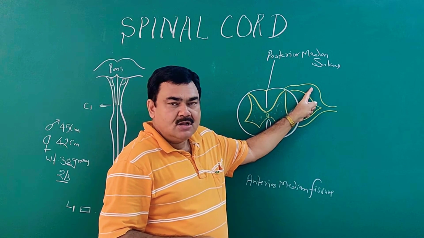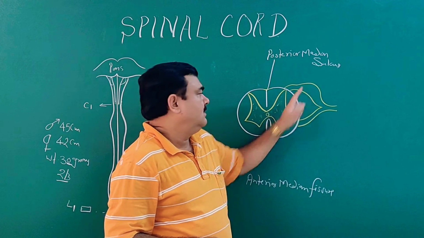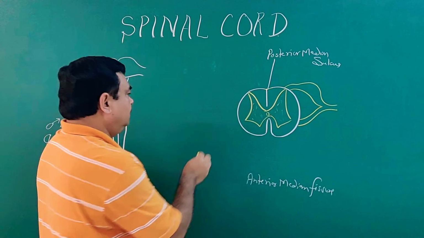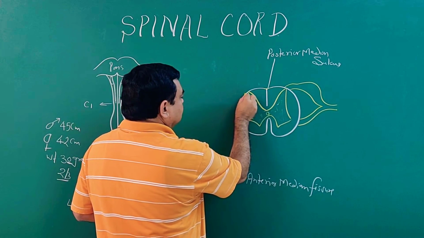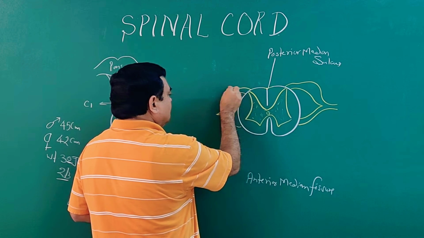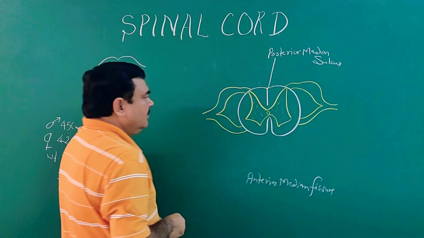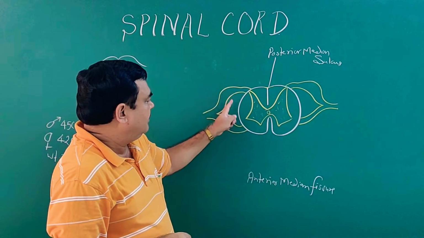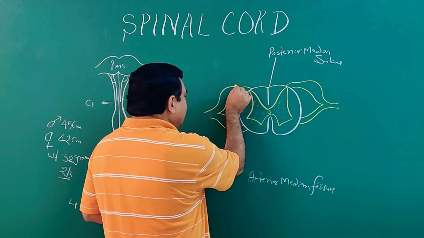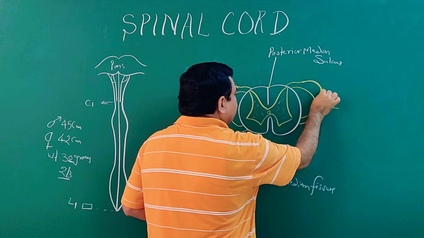This is the spinal nerve, this is the ventral root, this is the dorsal root. The dorsal root has ganglia. This is the site of the dorsal root ganglia.